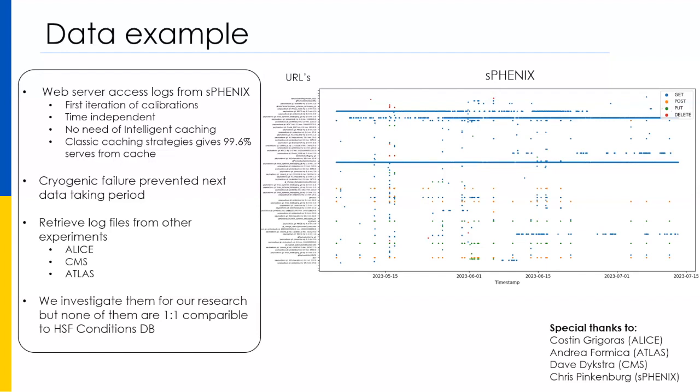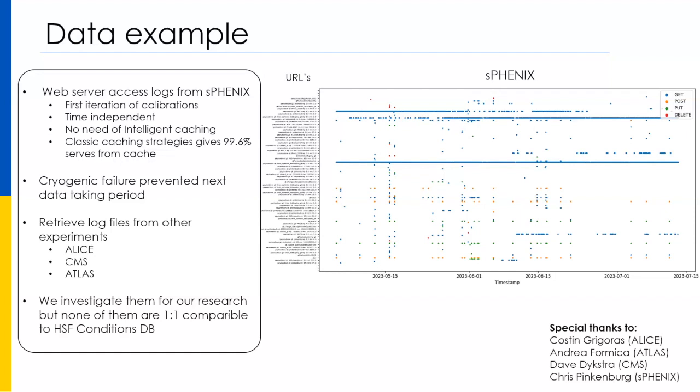So as a result, they have these straight lines. That means that we don't need intelligent caching instead of simple strategies. In our case, we tried the LRU strategy, and as a result, we had 99.6% hits from the cache.